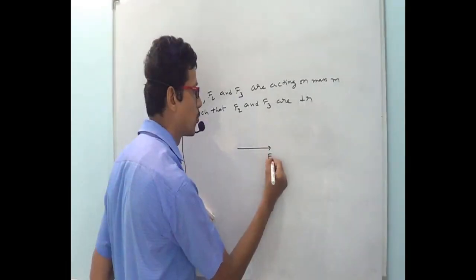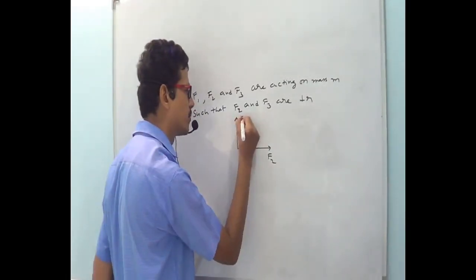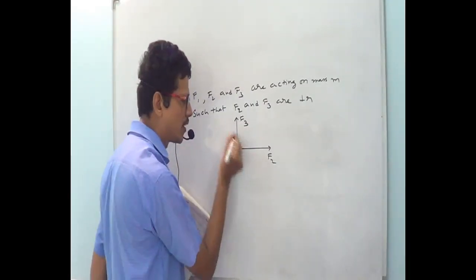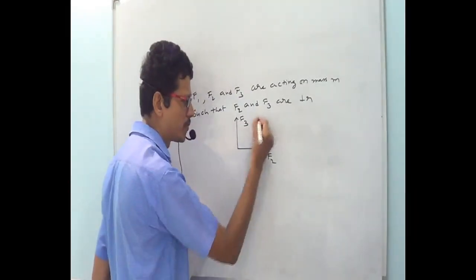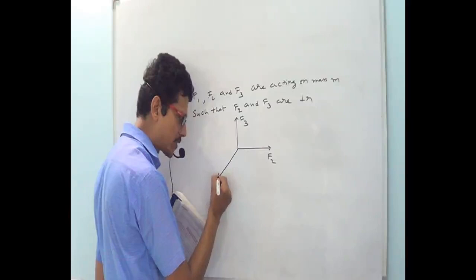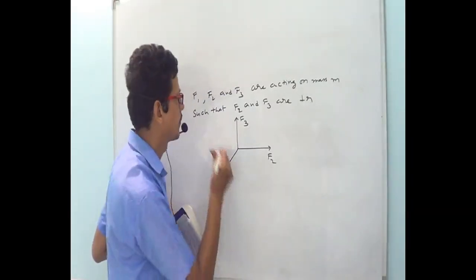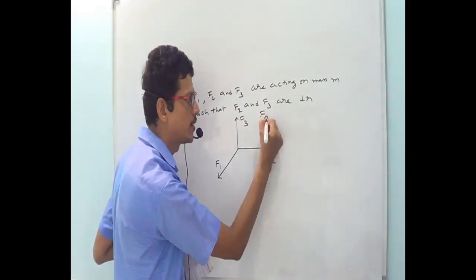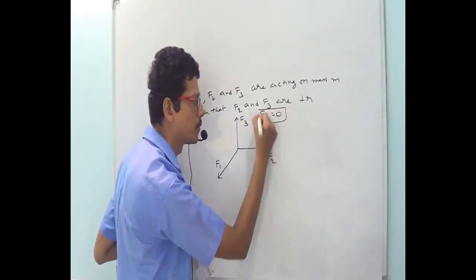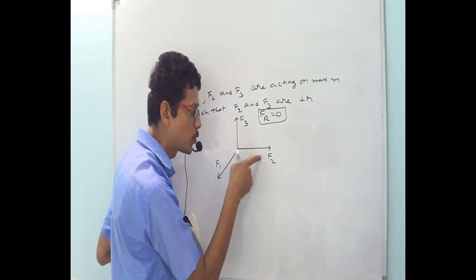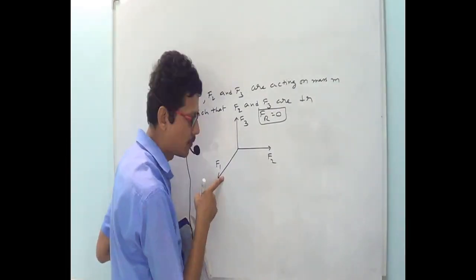So this is F2 and this is F3, and the resultant of these two will be somewhere here, and F1 should be like this. Otherwise, resultant should be 0. The particle is at rest means resultant should be 0. The resultant of these two should be cancelled by F1.